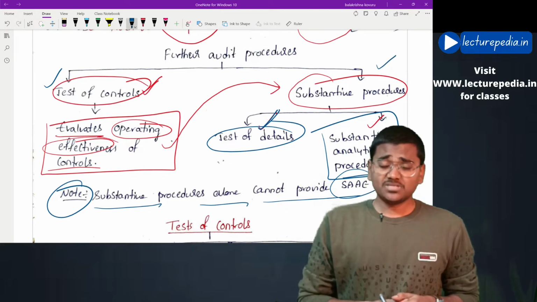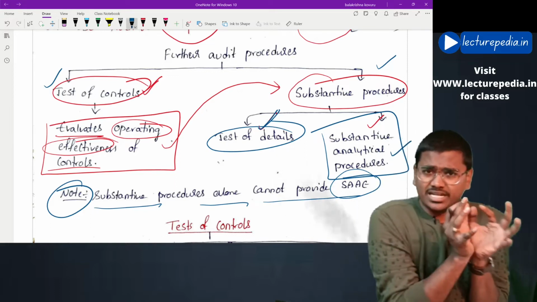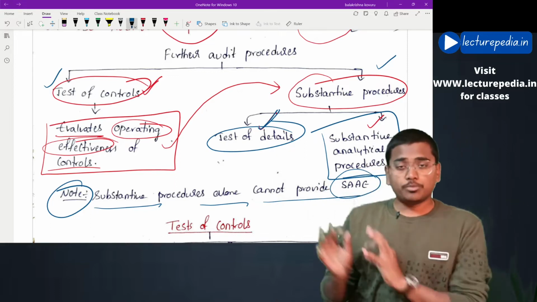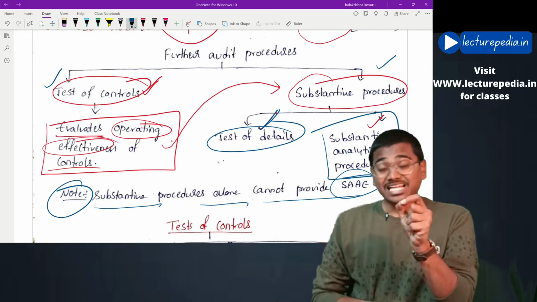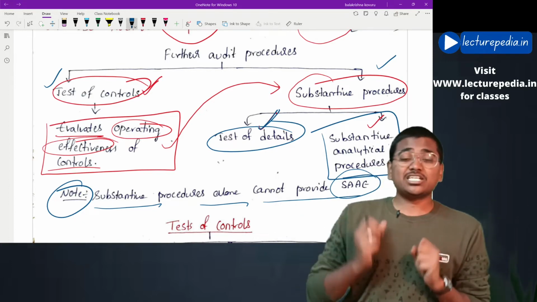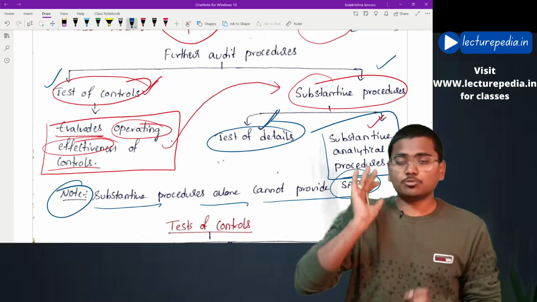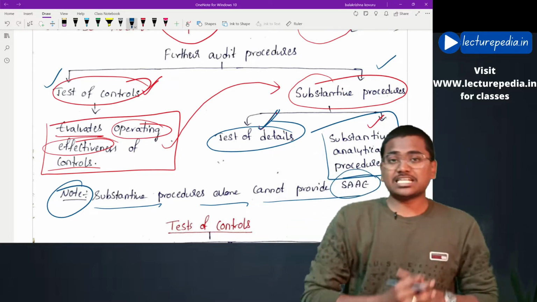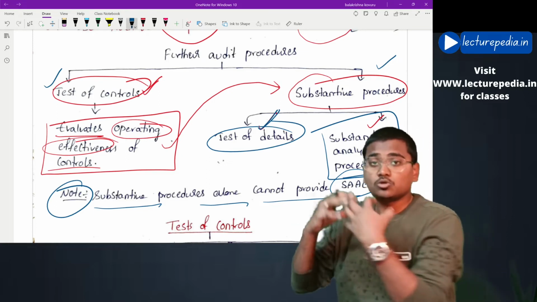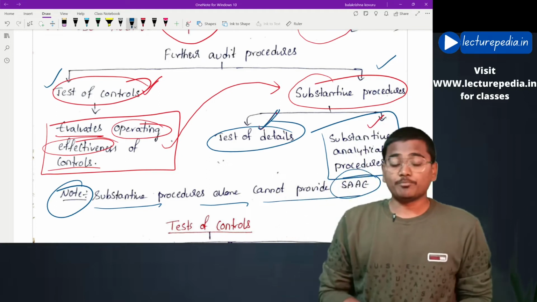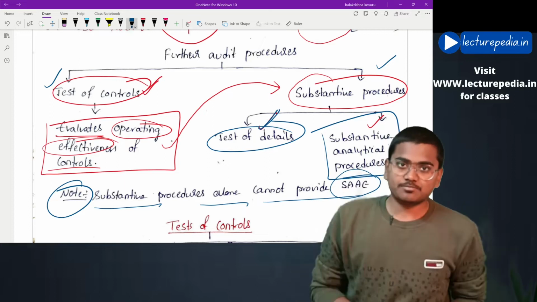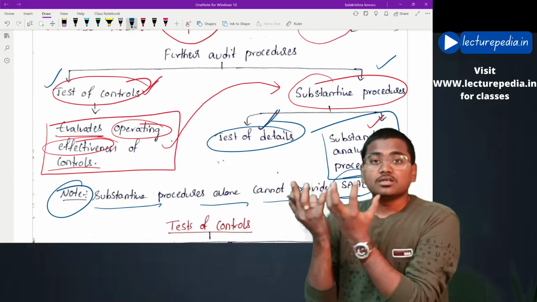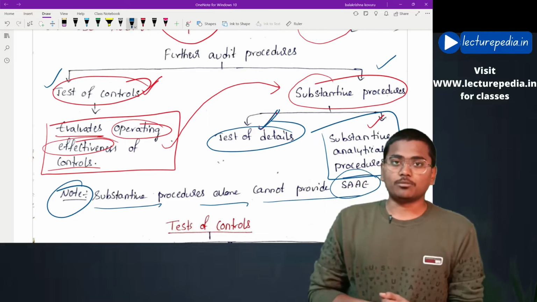Okay, he will not perform only test of controls, or he will not perform only substantive procedures. He will perform combination of test of controls and substantive procedures. Okay, now how much amount of test of controls has to be performed and how much amount of substantive procedures has to be performed, how the auditor will decide this? Let us see.